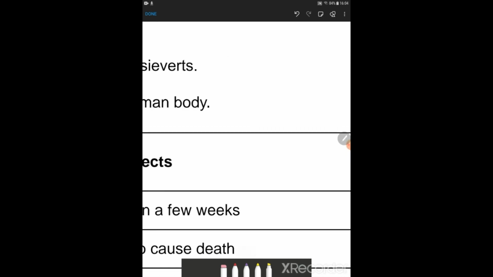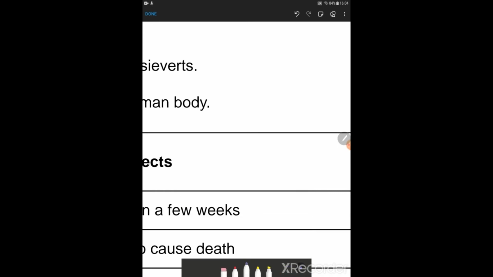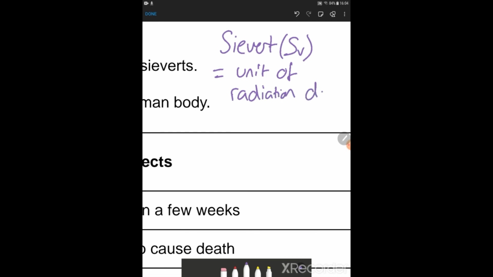So sievert, which is Sv, that's the unit of radiation dose.